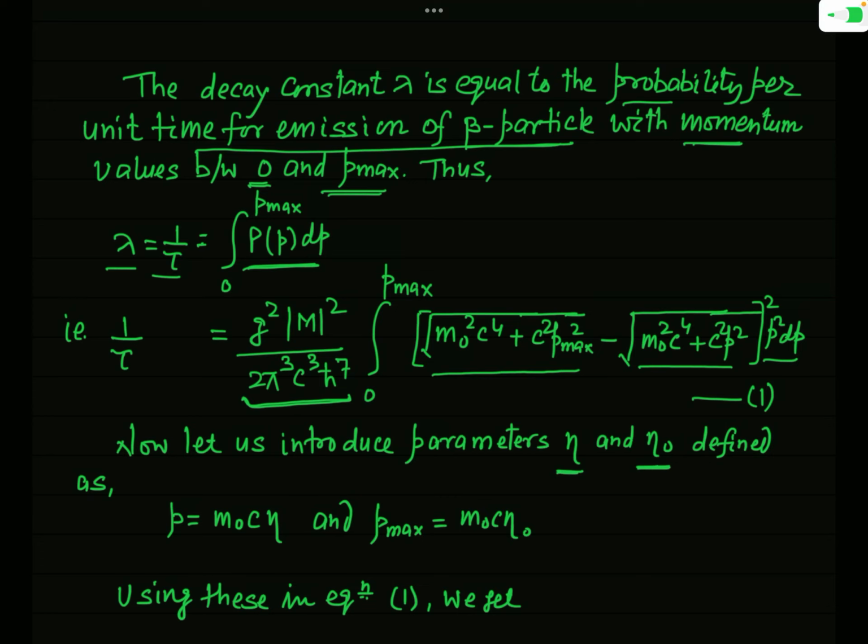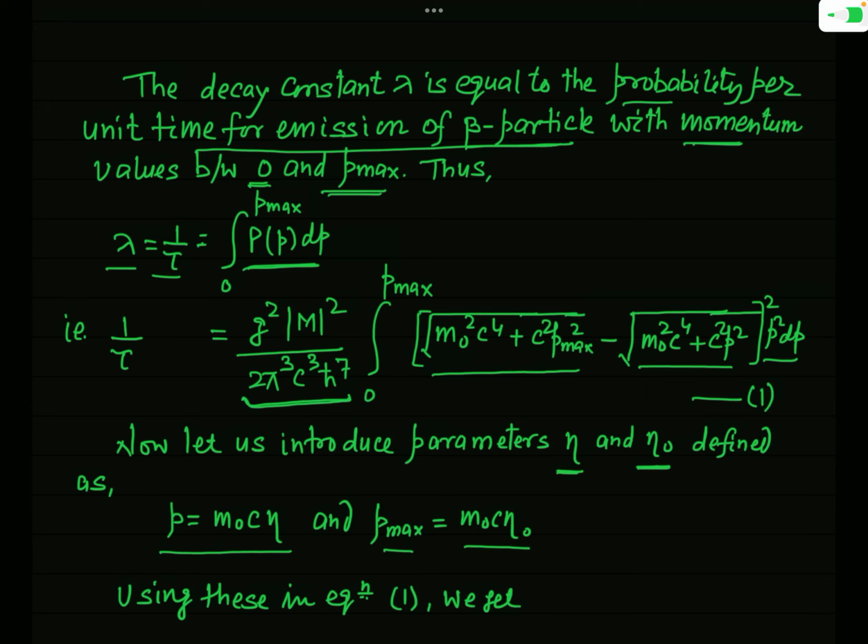This is just an arbitrary definition of these two parameters to transform this integral into a suitable form. In fact, the parameters eta and eta naught are defined through these equations: p equal to m naught c eta, and p max equal to m naught c eta naught.